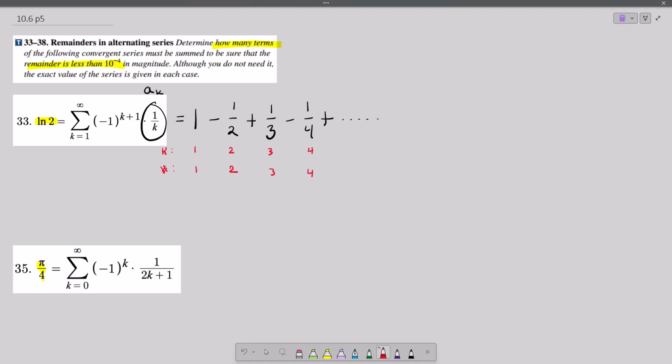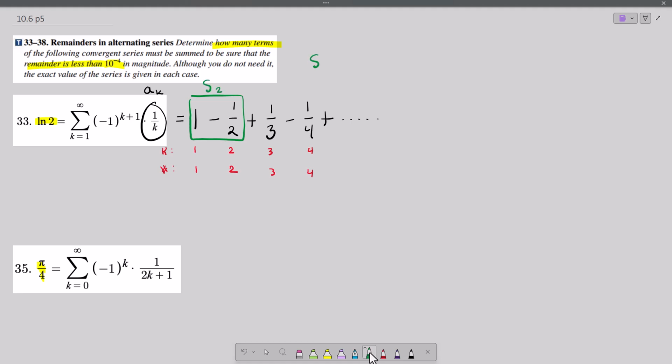So what we're going to need to do is keep on going, and let me point something out. If we were to add these two numbers together right here, that would be called S sub 2, because we've added the first two terms. That's S sub 2.